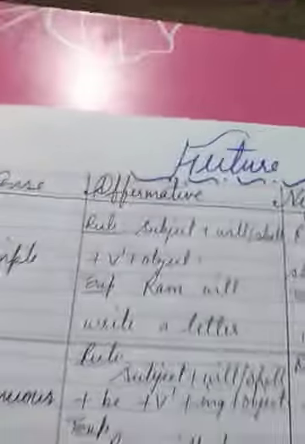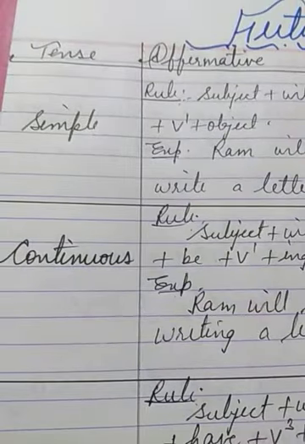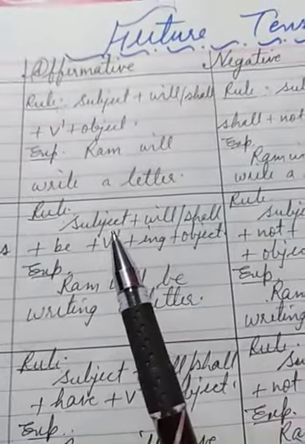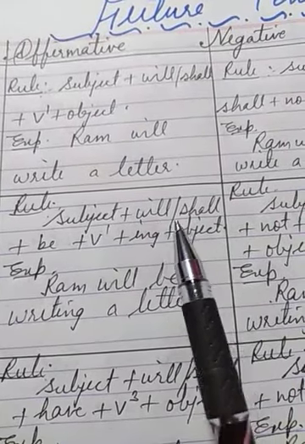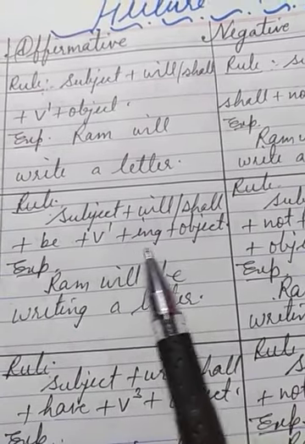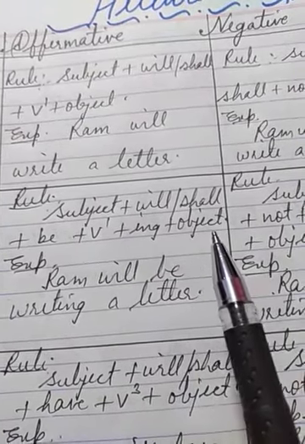Now we will discuss future continuous tense. Rule for this: subject plus will or shall plus be plus verb first form plus ing plus object.